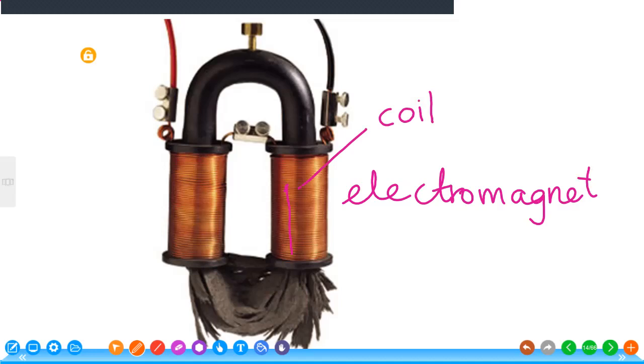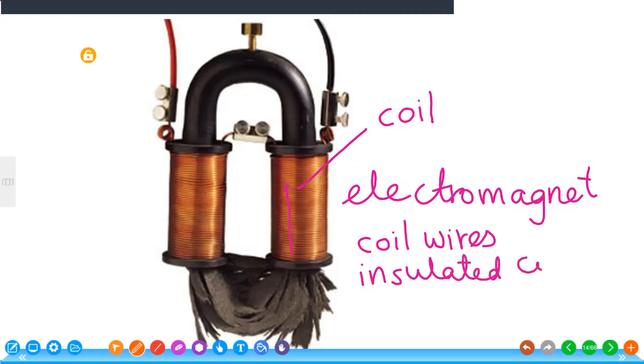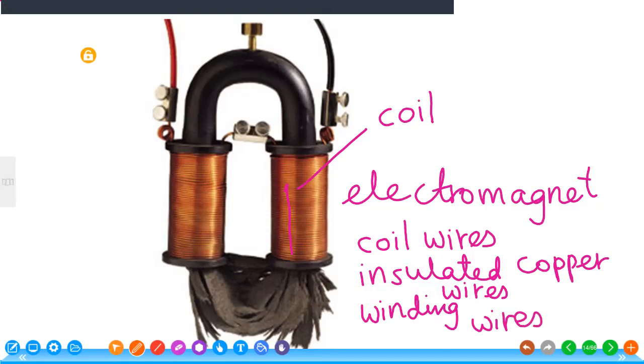Therefore, we have to use coil wires, or sometimes we call them insulated copper wires, or even we can use the word winding wires. We call them winding wires because we have to wind them around a soft iron core.